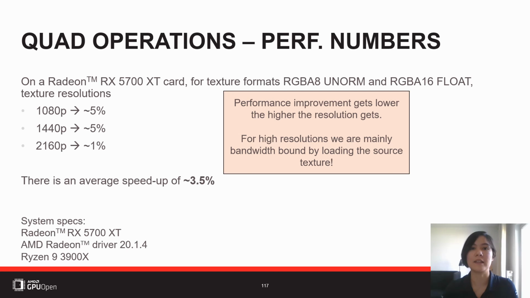So here again, for high resolution, not so much of an improvement, but for low resolution, we do see an improvement by using the quad operations. On average, I would say it's around 3.5%, but for lower resolutions it's more like 5%, and for higher resolutions, it's even less.